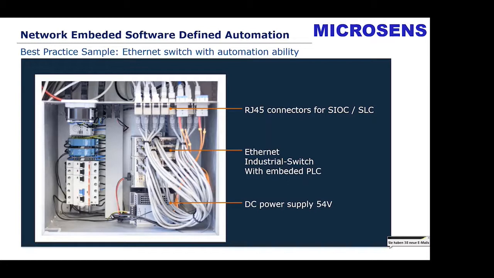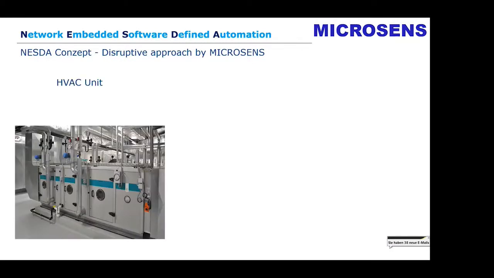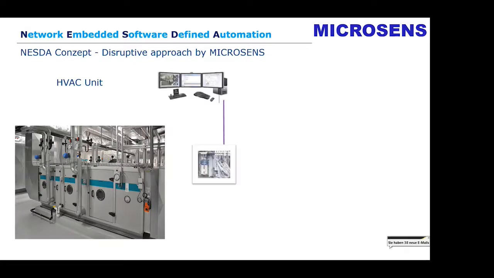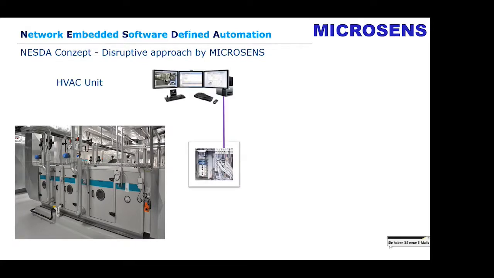If you remember the picture from the early beginning with, for example, this ventilation unit, we have again this unit. In the beginning, we had the cable cabinet or switching cabinet on the right side connected to the cabling. What we do differently is we take this box you have seen before. This box is connected to the backbone, to the management system via network.